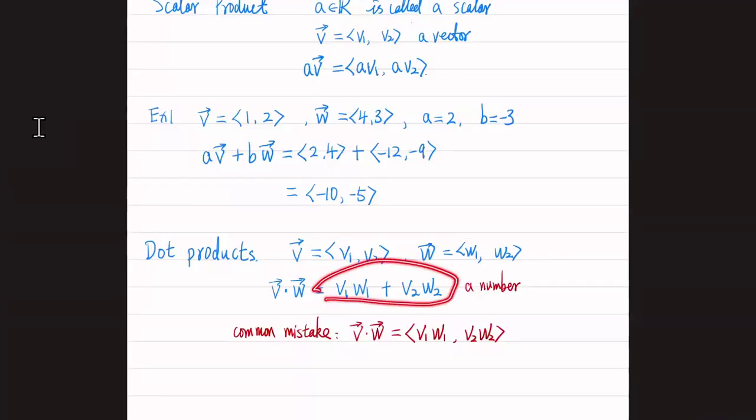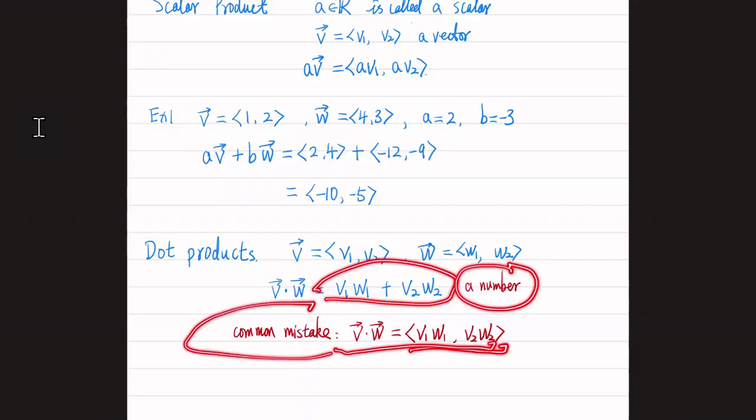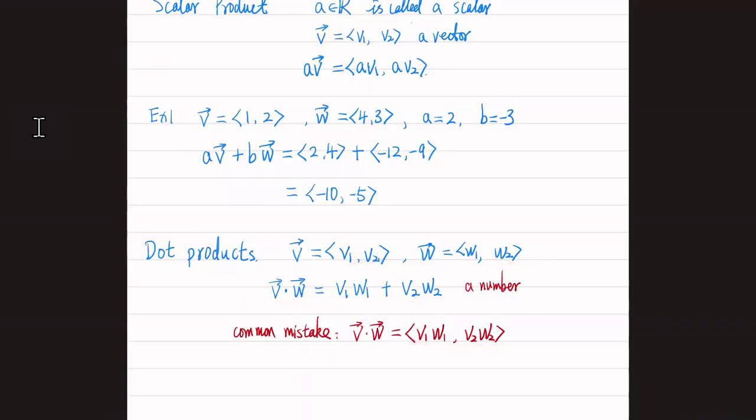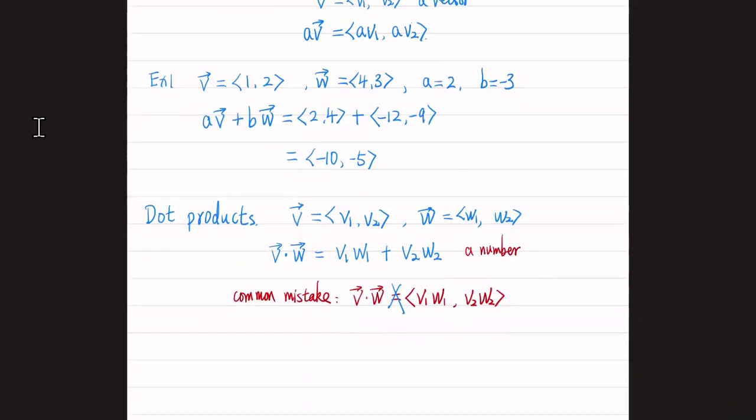This one is a number. This one is a vector. But this is not what the dot product does. So I will put a cross there. That's incorrect. This is the common mistake. Whenever we do dot product, we expect a number.